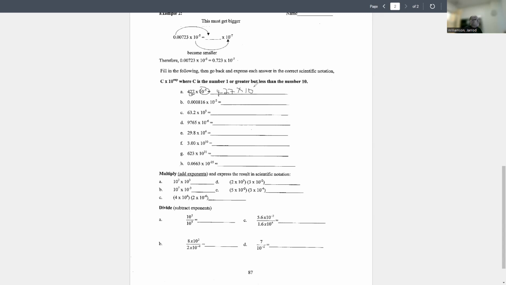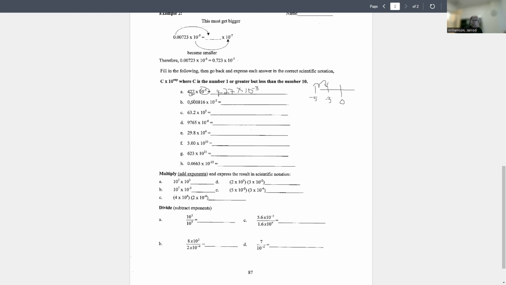2 decimal places bigger than -5 will be -3, because on a number line, this is 0. If this is the -5 place, the -3 is 2 decimal places larger, meaning more positive.